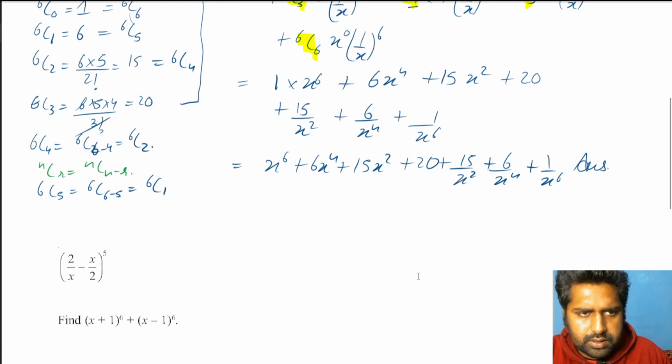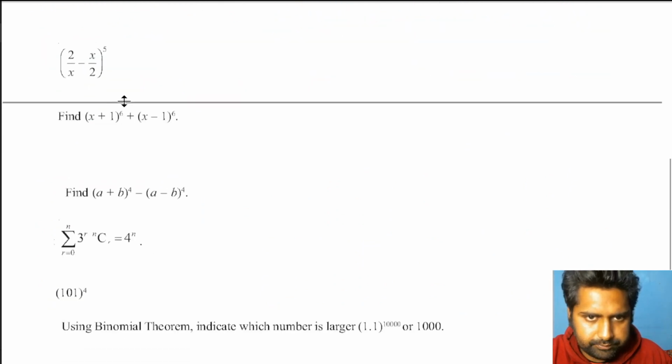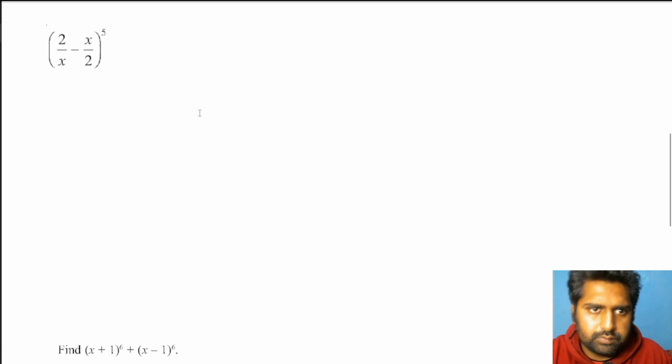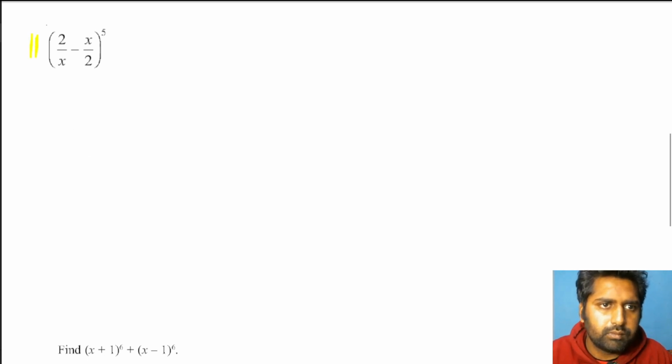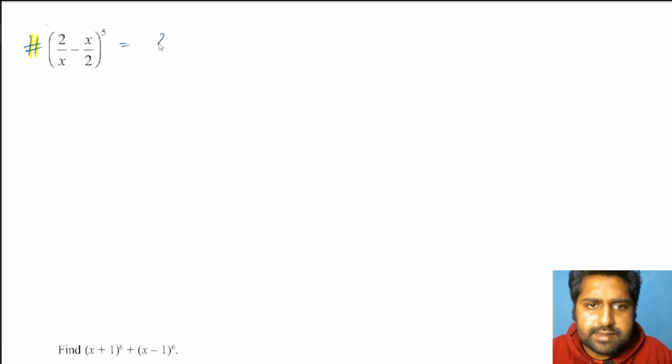Now let's look at a question in which negative power comes. So for negative power, I told you rewrite this as 2 by x plus minus x by 2, and then power is 5.